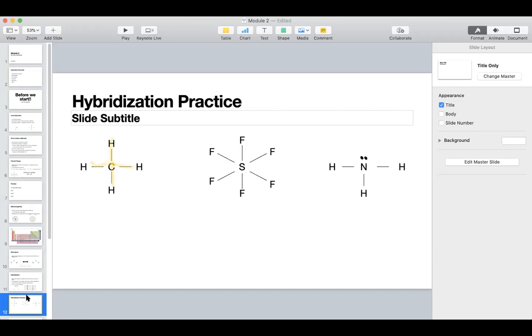Okay. Using that same logic, Dilene, what do you think about that next one? SF6. Kind of scary looking. SP3D2.